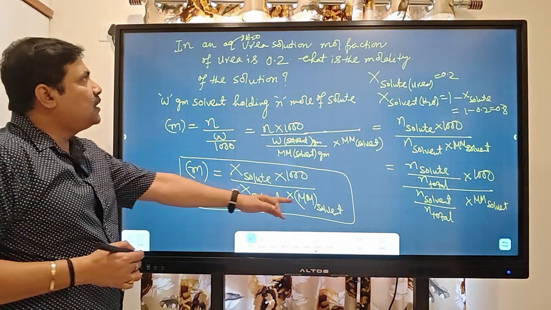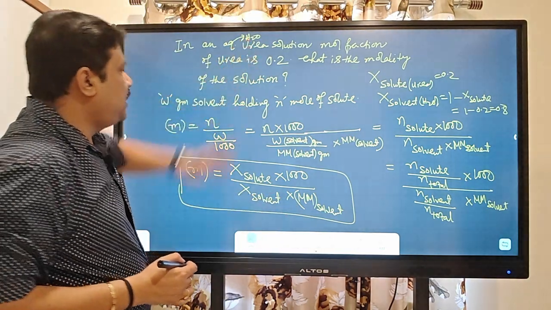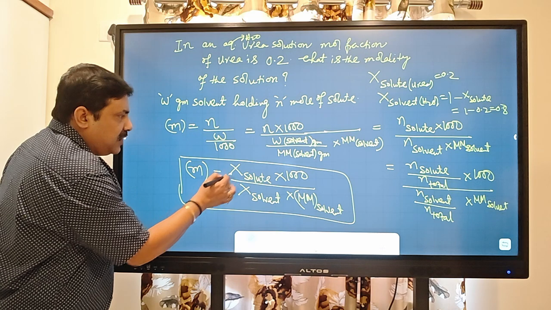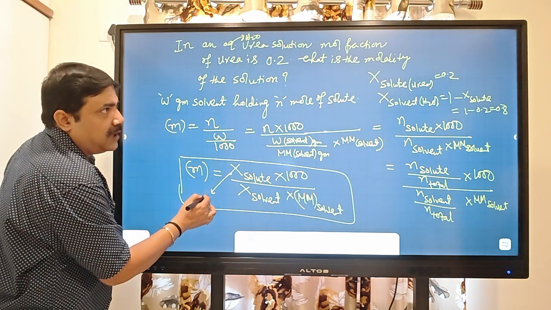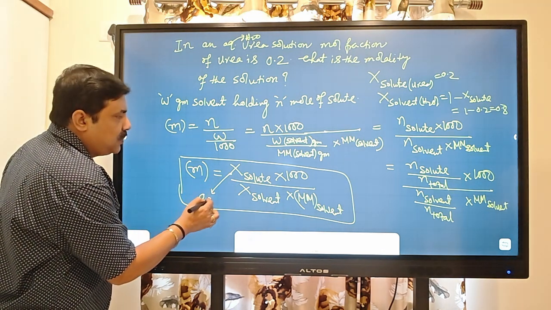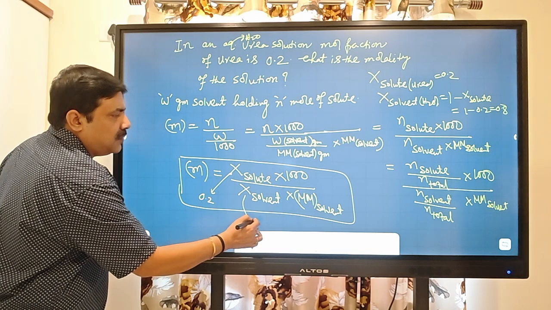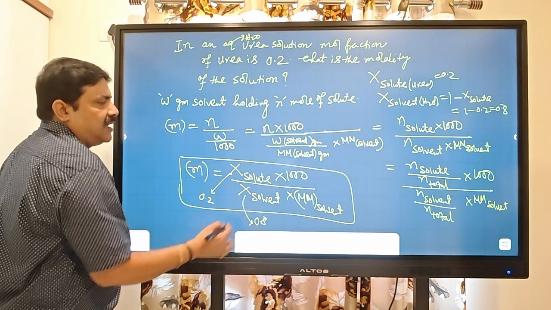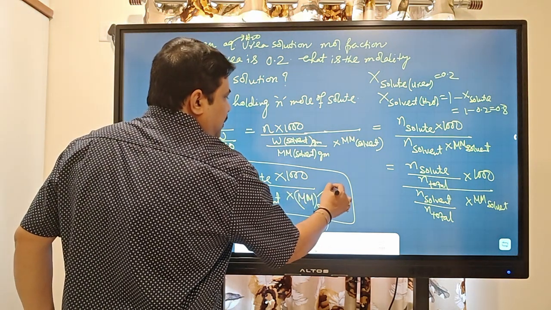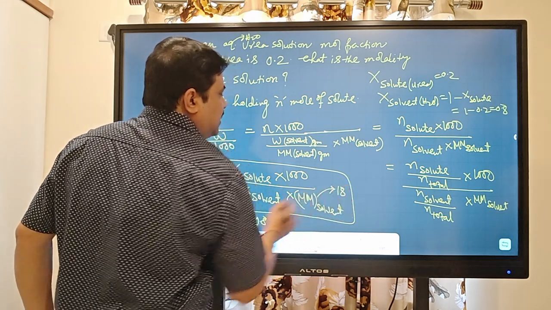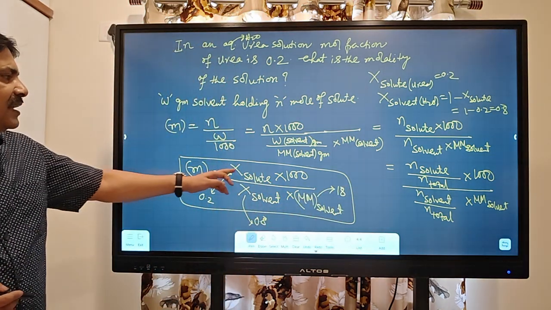Then water is the solvent. Now all the data we have: in place of the mole fraction of solute I have to put 0.2, in place of the mole fraction of solvent I have to put 0.8, and the molar mass of water is 18, which we have to put. You look at here, all the data we have.